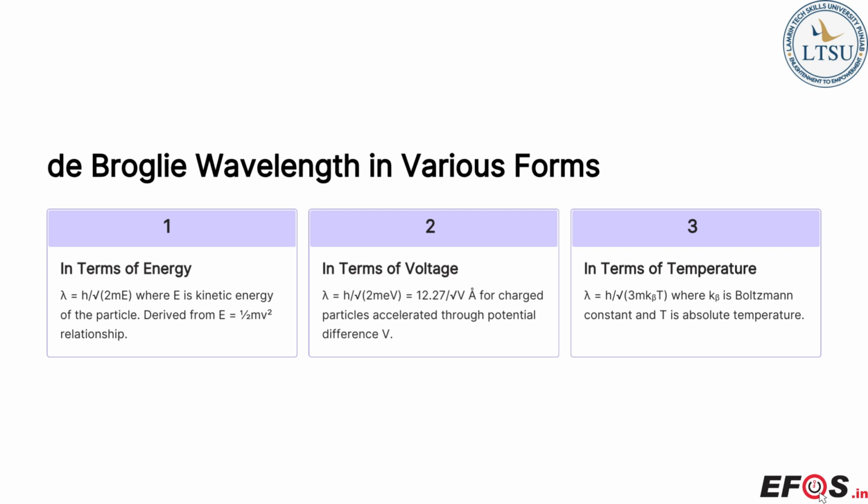In terms of voltage, V. For a charged particle accelerated through a potential difference V, the formula simplifies to the useful expression λ = 12.27/√V Å. This is frequently used for electrons. 3. In terms of temperature, T. For particles in thermal equilibrium, we use the temperature form λ = h/√(3mk_BT), where k_B is the Boltzmann constant.